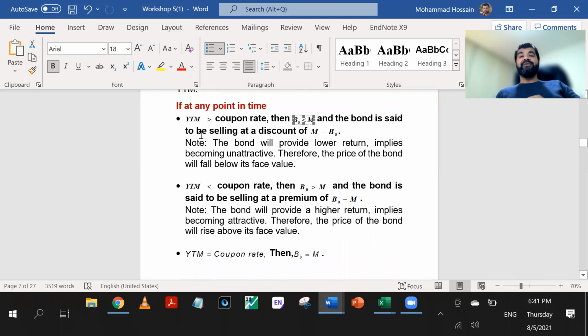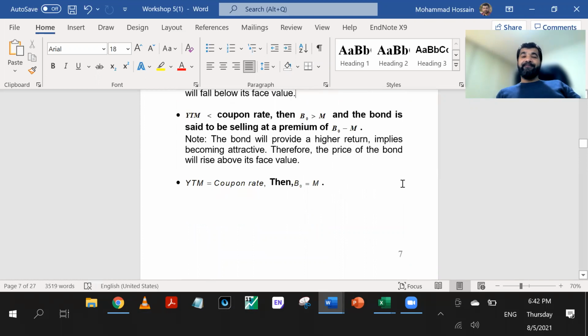The bond is said to be selling at a discount. We're selling the bond at a lower price. Note, the bond will provide a lower return, implying it becomes unattractive. Therefore, the price of the bond will fall below the face value.